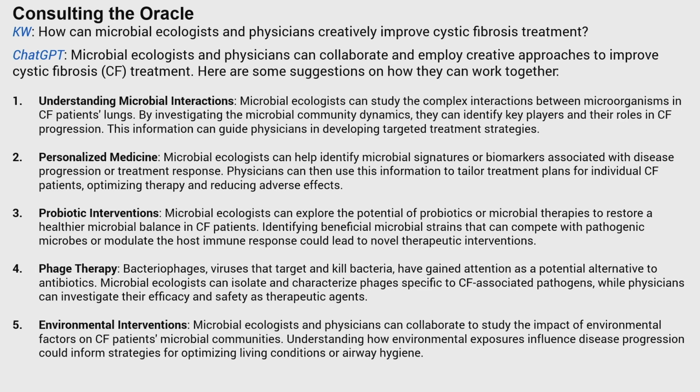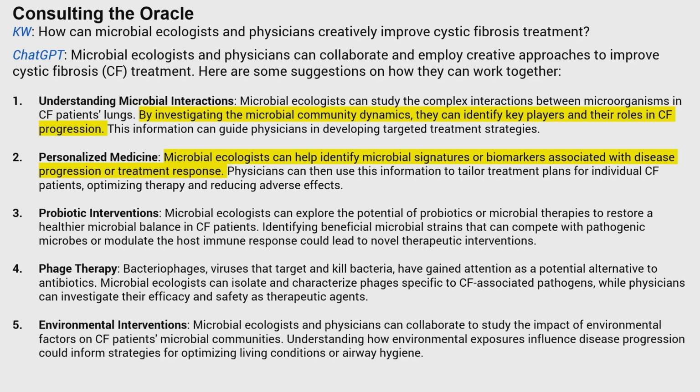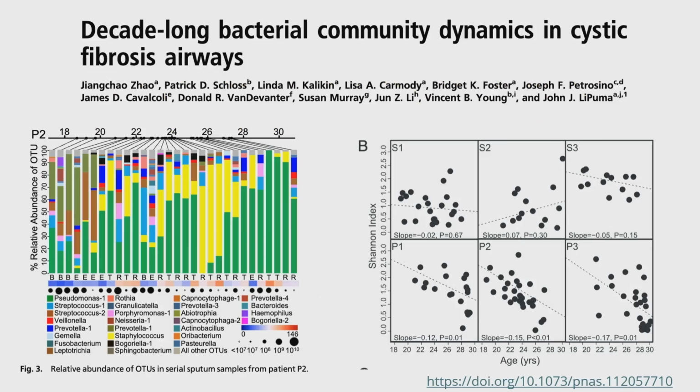How are we going to do better than what ChatGPT could come up with? Anyway, a couple of the ideas are things I'll address in my talk. So, looking at microbial community dynamics, signatures, biomarkers, and metabolites, maybe we can get some information that helps us understand the dynamics of the infection.